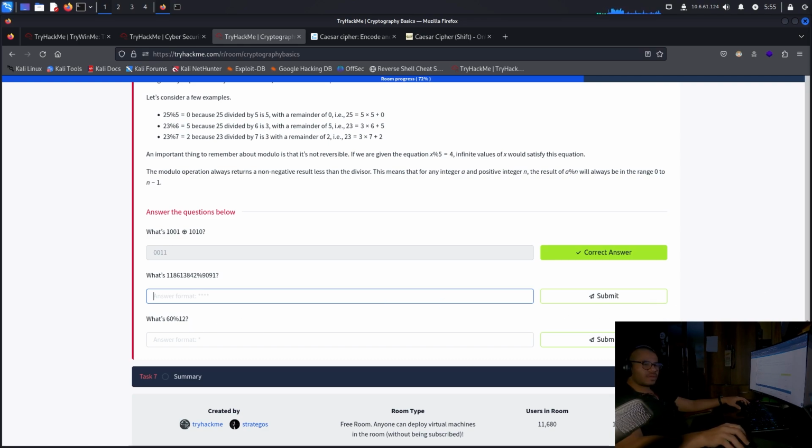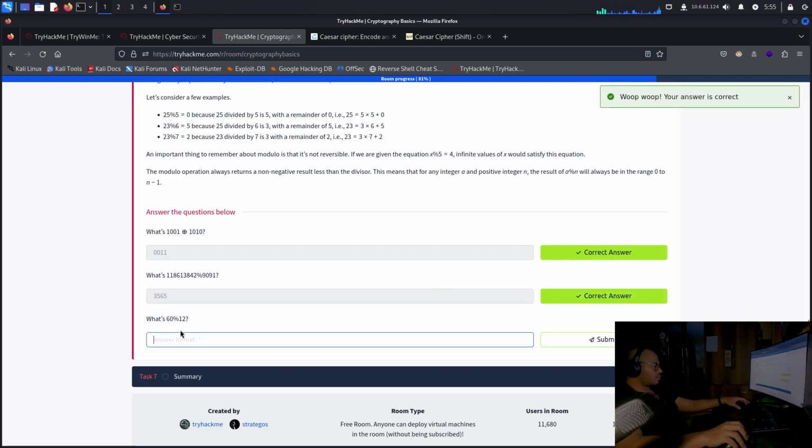What the heck? Is Grok really failing me this bad? I'm gonna ask ChatGPT. ChatGPT just gave me the response straight up, 3565. And then what's, oh well, this is 0, come on.